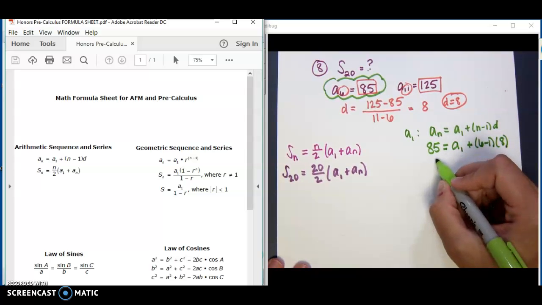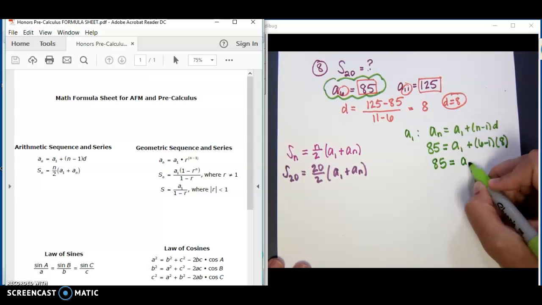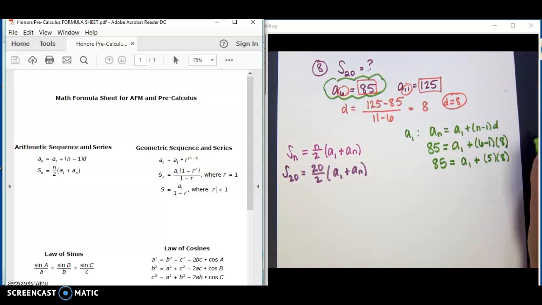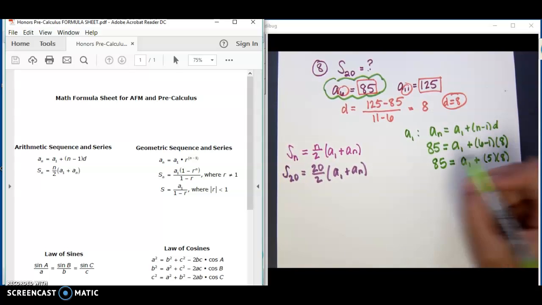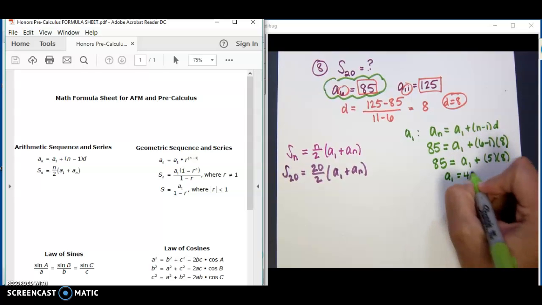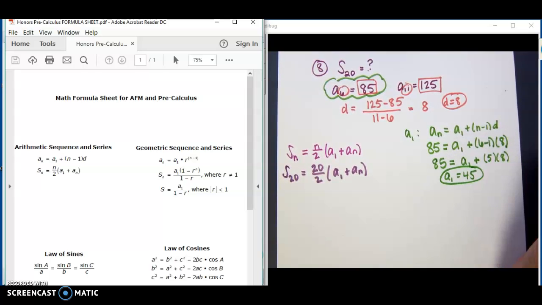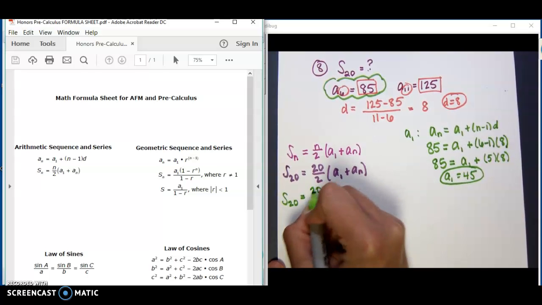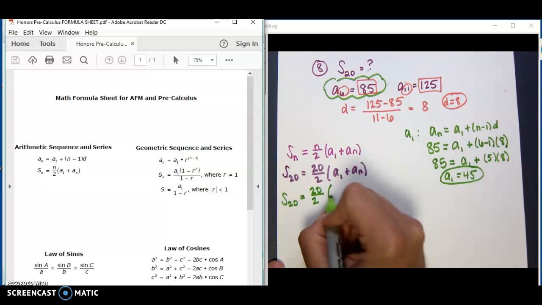So we're going to have 85 equals A sub 1 plus 5 times 8. So if we subtract over that 40, our A sub 1 is going to be 45. Alright, let's go ahead and fill that in over here. So A sub 1 we know is 45.